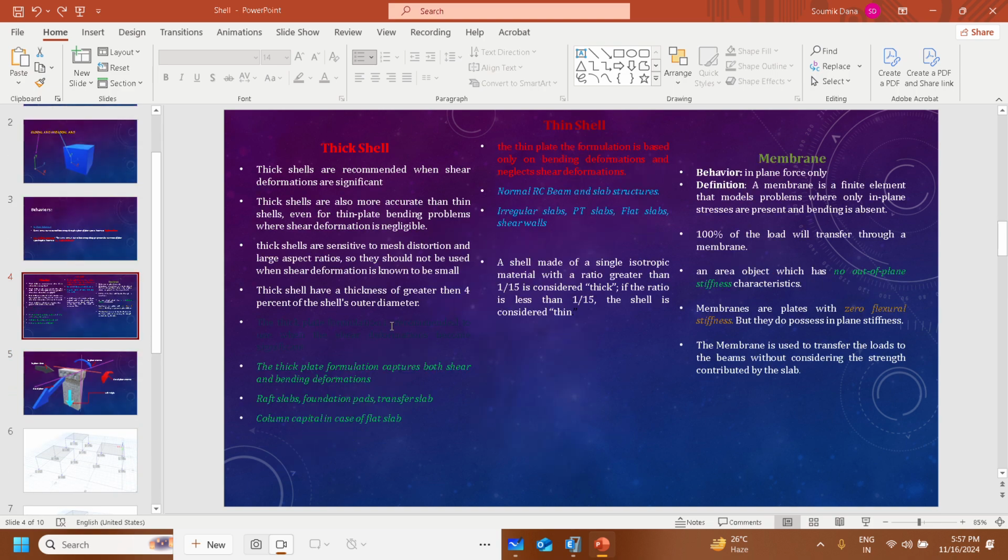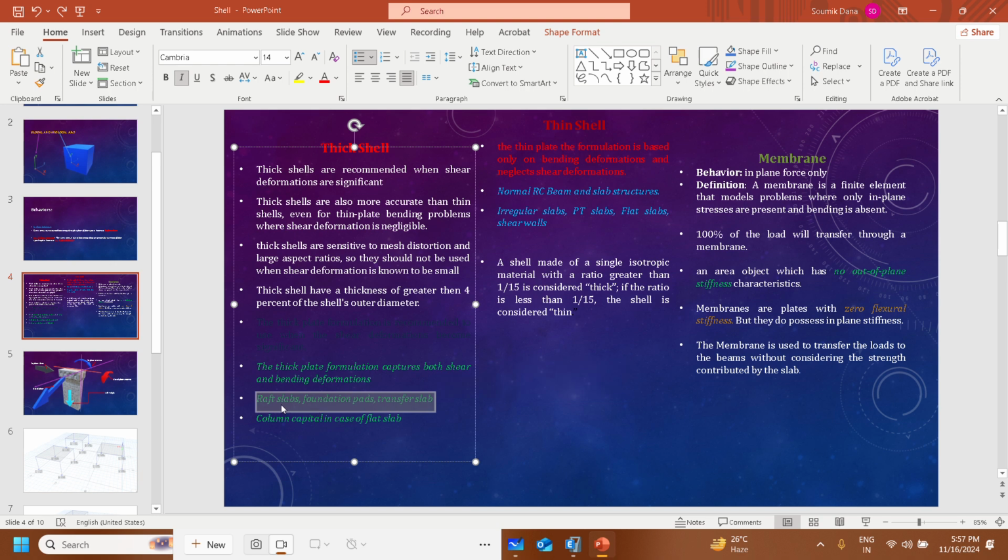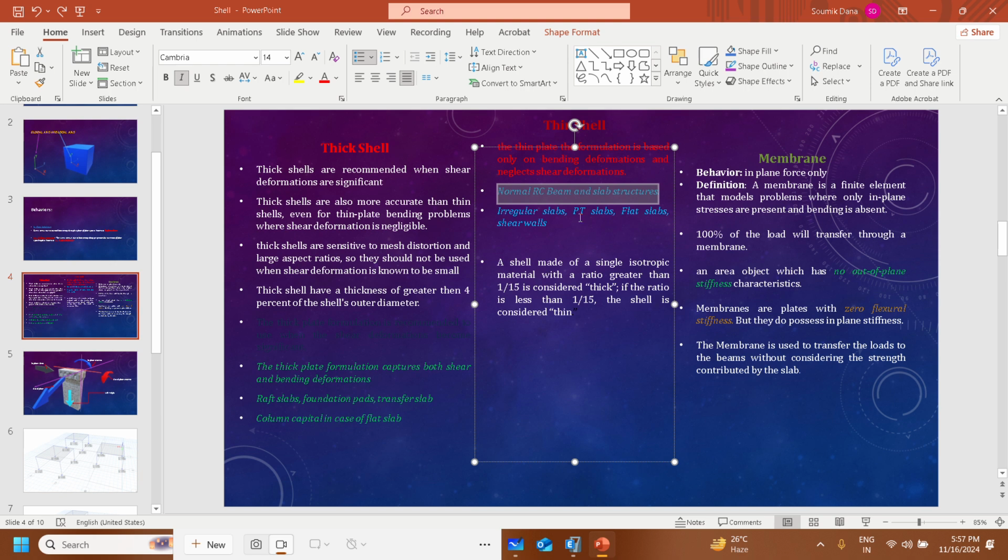To understand how to simplify the structure in this software: suppose we want to construct a model of a raft slab or foundation pad, then we have to choose the thick cell. And in case of a normal RC beam structure, PT slab, flat slab, irregular slab, normal slabs, there are thin cells.